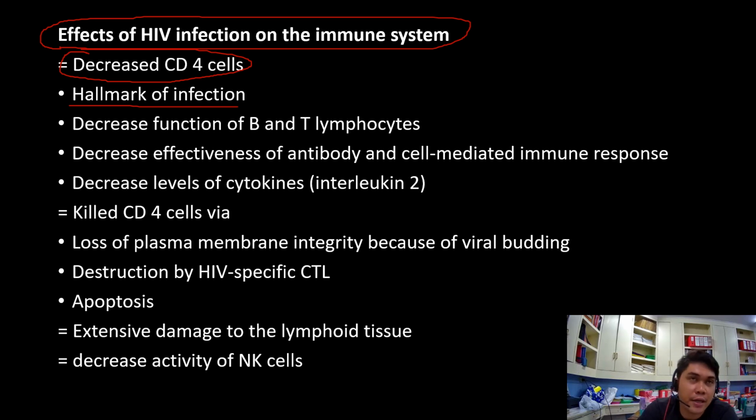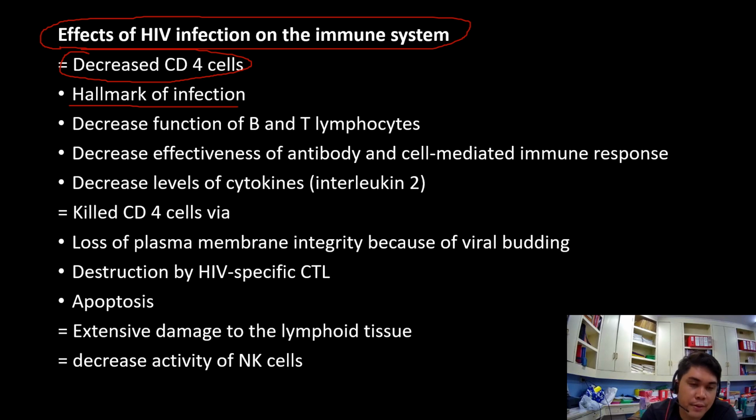For CD8 containing cells, you have two types: the suppressor and the cytotoxic. Now, in HIV infection, you have decreased CD4 count, and the T suppressor count is increased.